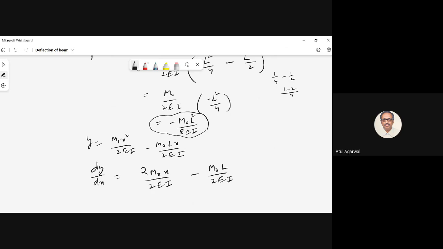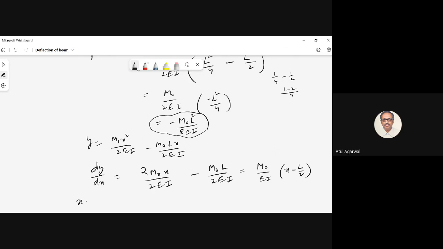So this is my slope. I can take M naught by EI outside, x minus L by 2. So you see, you can find the slope of the beam at any position by putting the value of x.